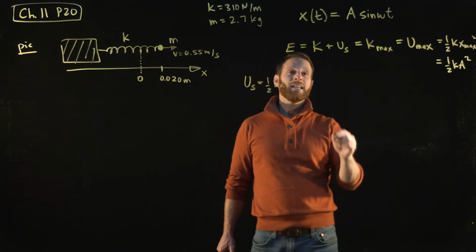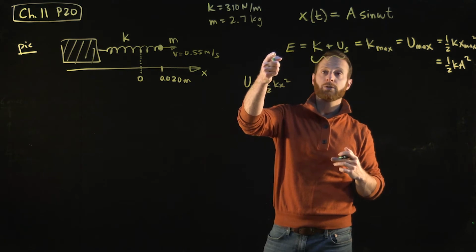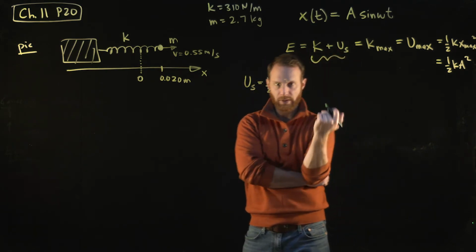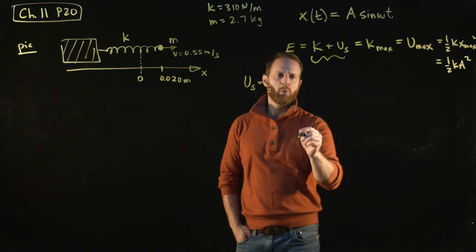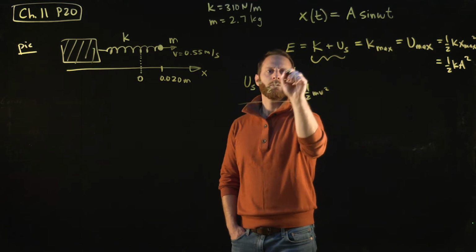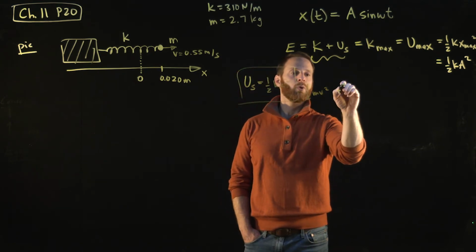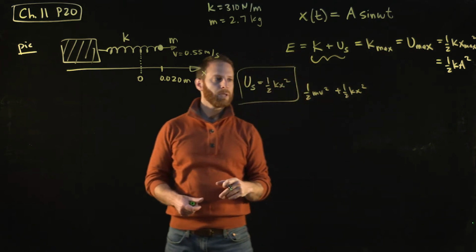As long as we can calculate this at any particular instant, we know that because the energy is conserved, this total will be the same throughout the motion. The kinetic is 1/2 mv squared. The potential is 1/2 kx squared. As long as we evaluate this at the same instant, we'll be in good shape.